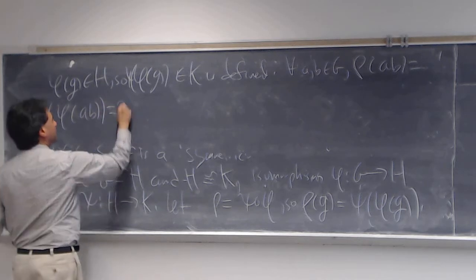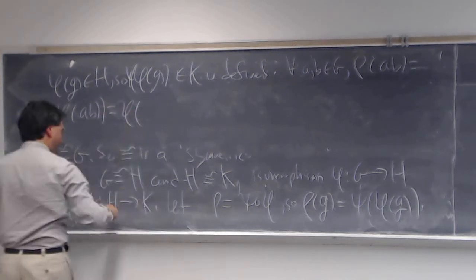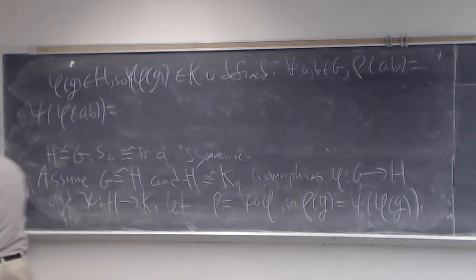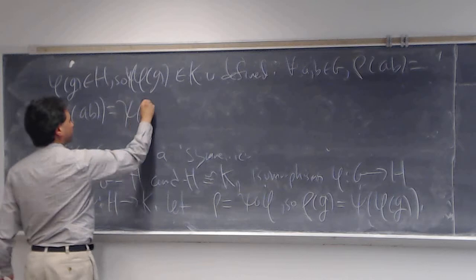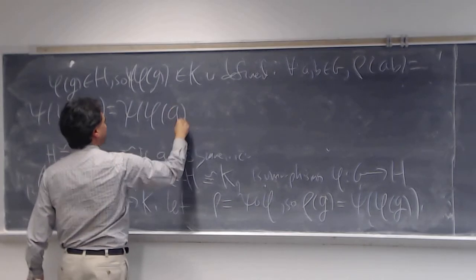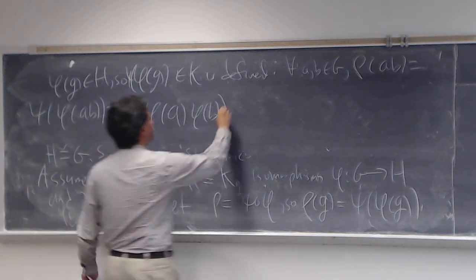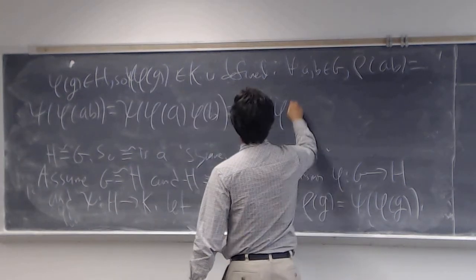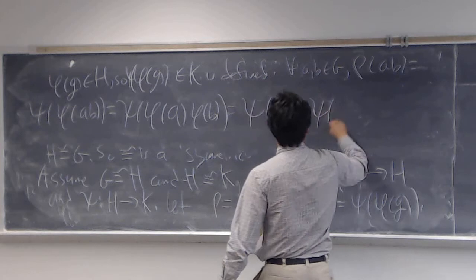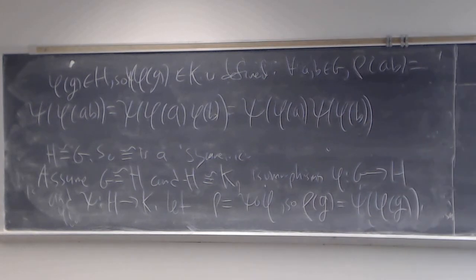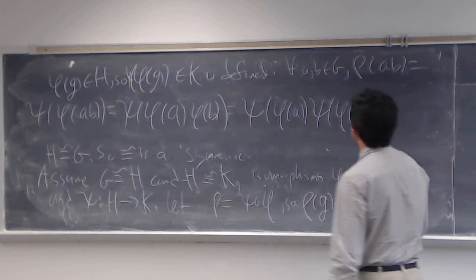But phi is a homomorphism, so that would be psi of phi of A times phi of B. But now we split that up, that's psi of phi of A times psi of phi of B, because psi itself is a homomorphism.